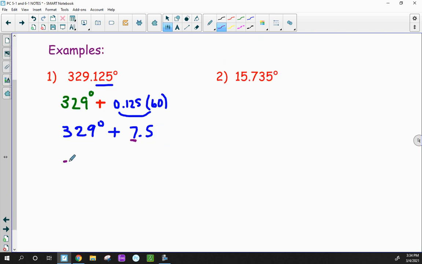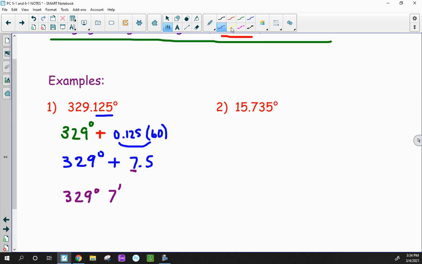So bring down your whole number, 329 degrees. Take the 7 and use it as the minute, with one little tick mark above the 7 that illustrates minutes. Notice the highlighted part. This is the leftover piece, and that's how you're going to calculate the seconds in this problem.